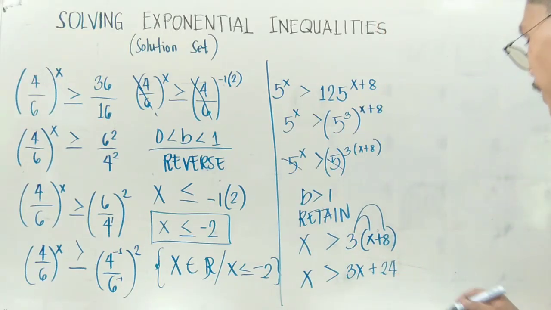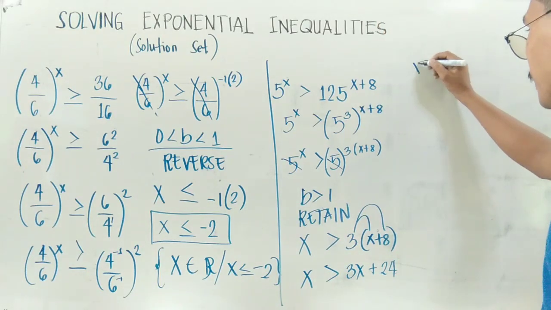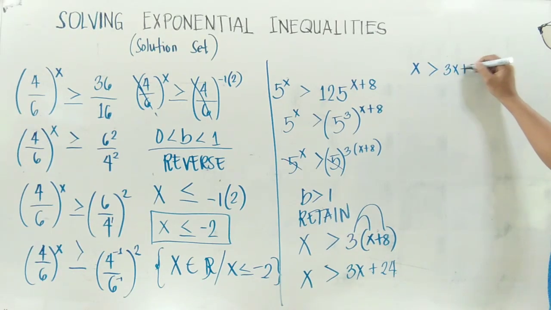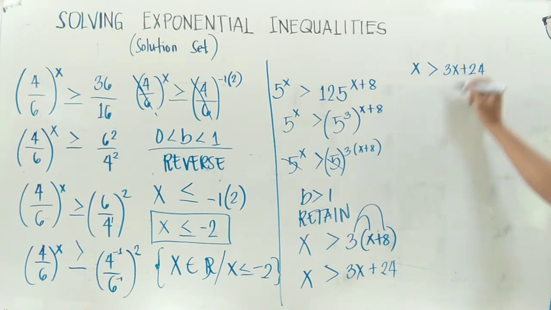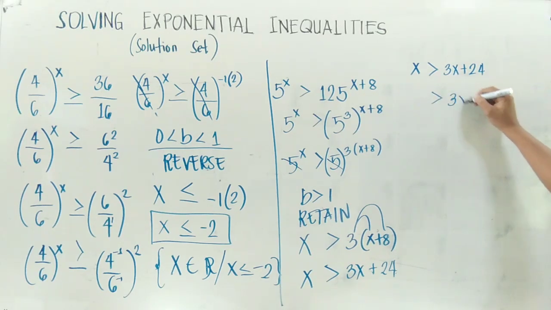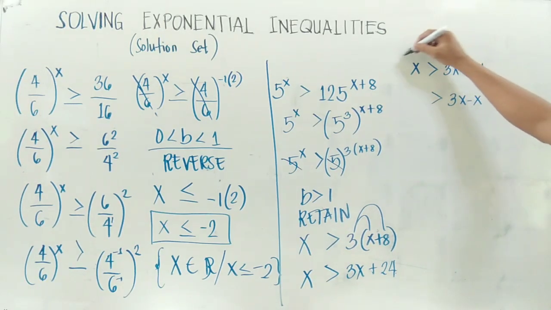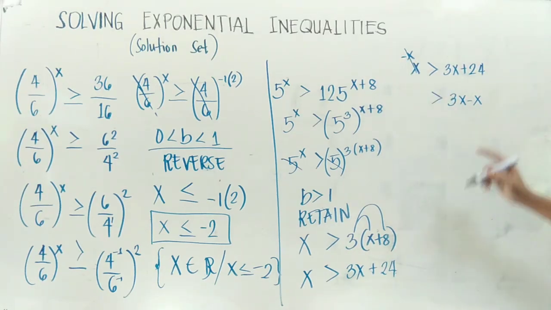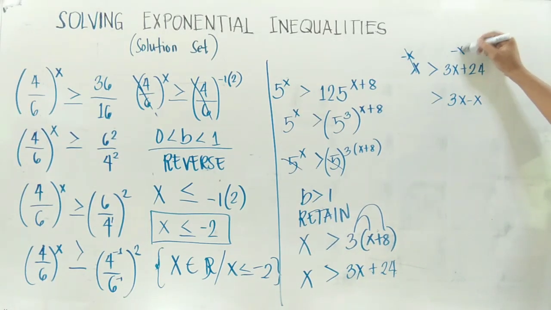So simplifying, copying, we have x is greater than 3x plus 24. Okay, simplifying, we have 3x minus x using the subtraction property of inequality. So we have minus x on the other side, therefore we have to minus x on the other side.